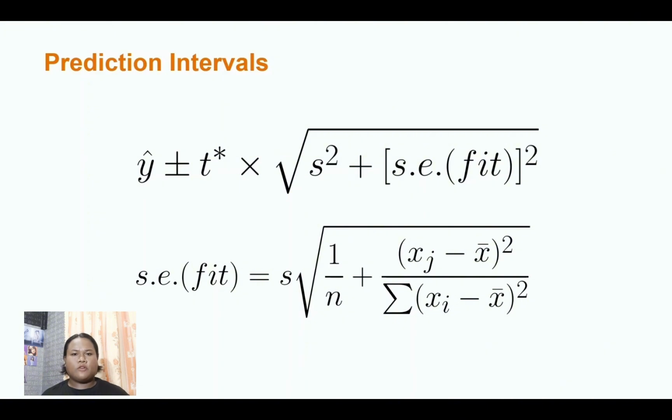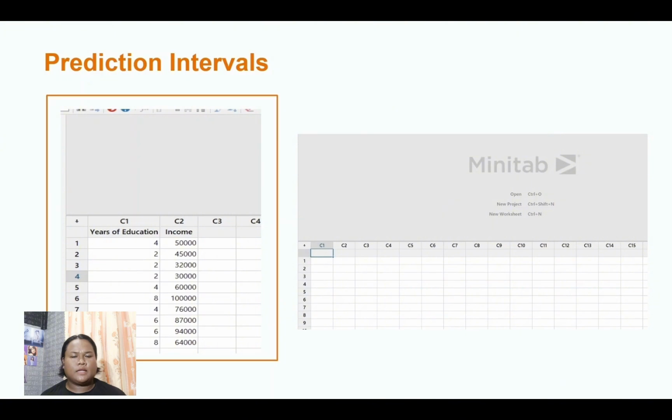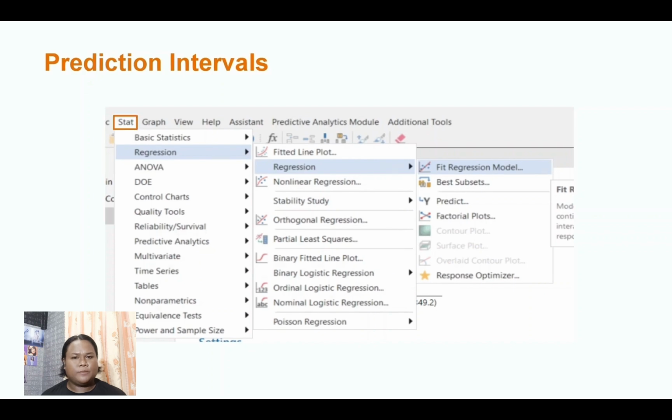Note that the standard error of ŷ is the sample standard deviation times the square root of 1 over n plus (x sub j minus x̄) squared over the sum of (x sub i minus x̄) squared. Because this formula is cumbersome, we will use Minitab's prediction interval feature. However, a different statistical software of choice can be used as well, if it has a prediction interval feature.